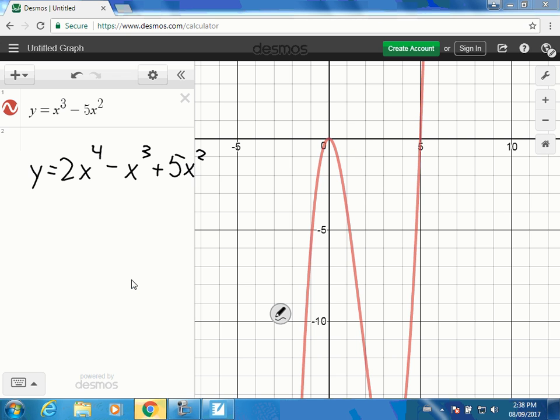Just to make sure we know what's going on here, what's my leading term? 2x^4. So this is the only thing that matters. Is this an even or an odd function? This is an even function. So this is a positive even function. It's positive because of the 2. What does an even function look like? x or x squared?